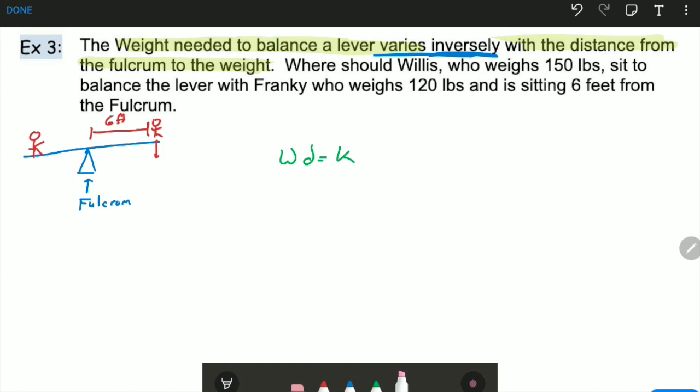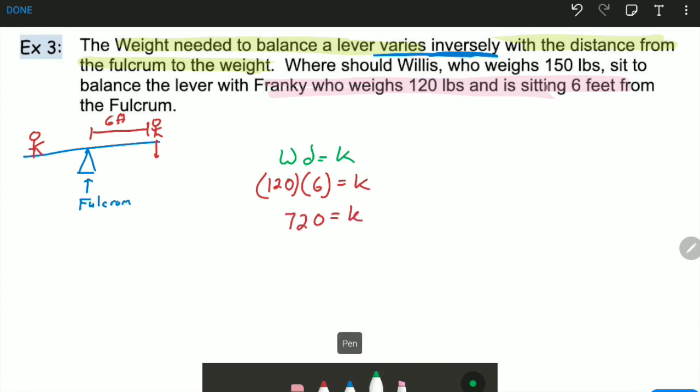Now, the first phase of the problem is usually to find k. In order to find k, we need a complete set of information, so both a weight and a distance that go together. In this case, that's talking about Frankie here, who weighs 120 pounds and is sitting 6 feet from the fulcrum. So his weight is 120 pounds. His distance is 6 feet, which means if I multiply that, that is 720 equals k.